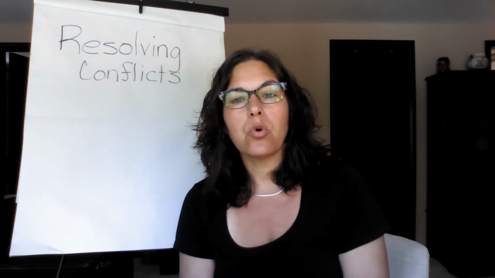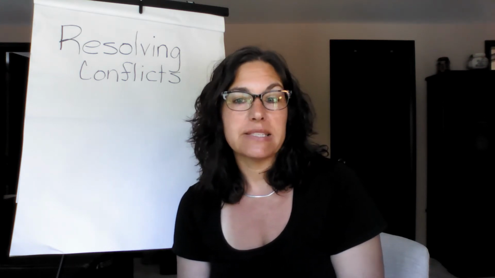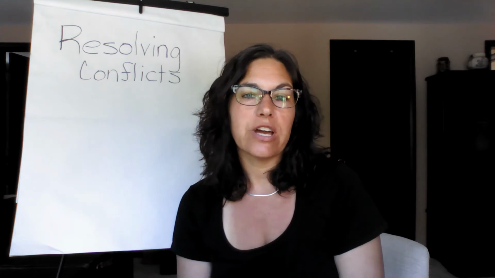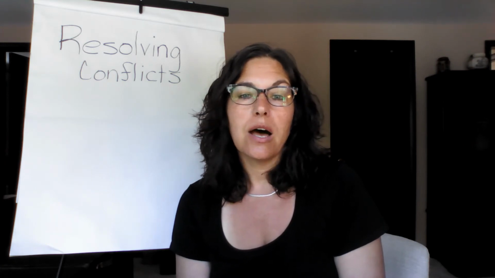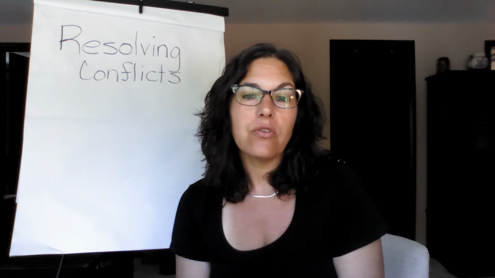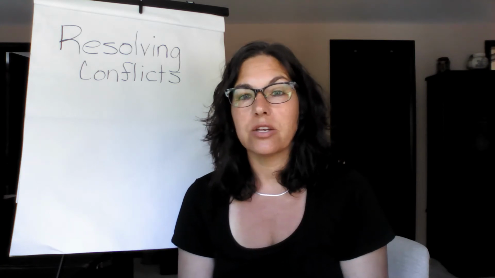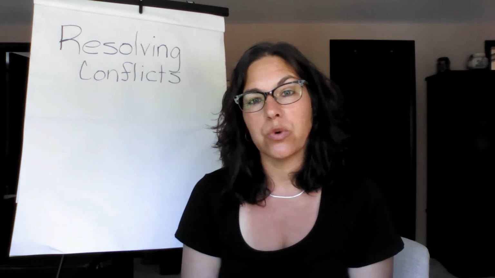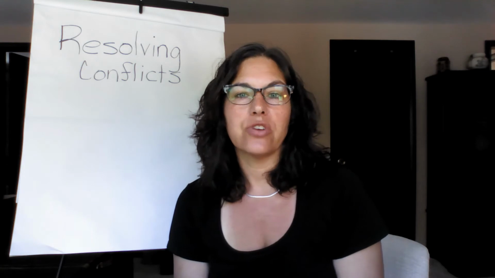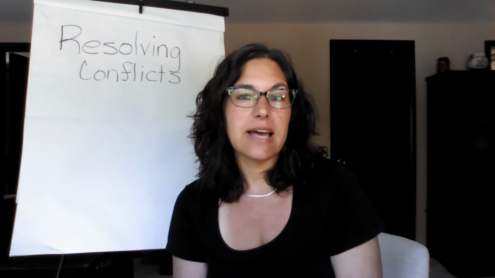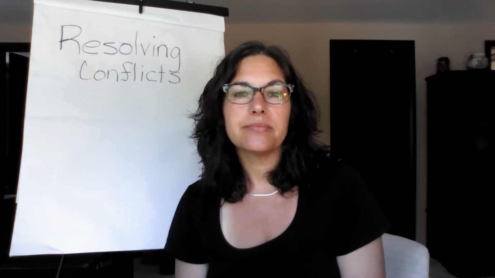So we're going to give you some examples of conflicts and some of the strategies that people use when they have conflict, and how that strategy either meets the goal, in other words, gives the person what they want, and how that strategy does or does not maintain the relationship.